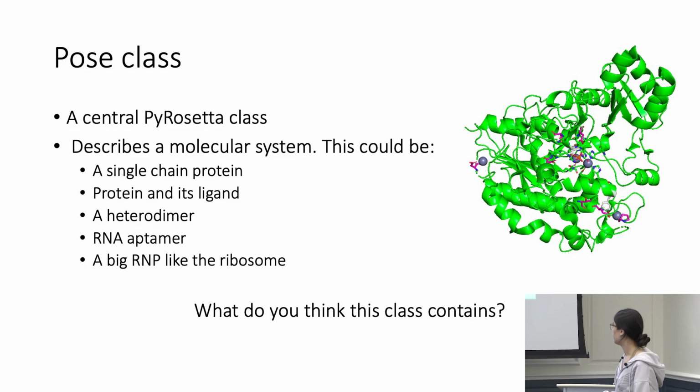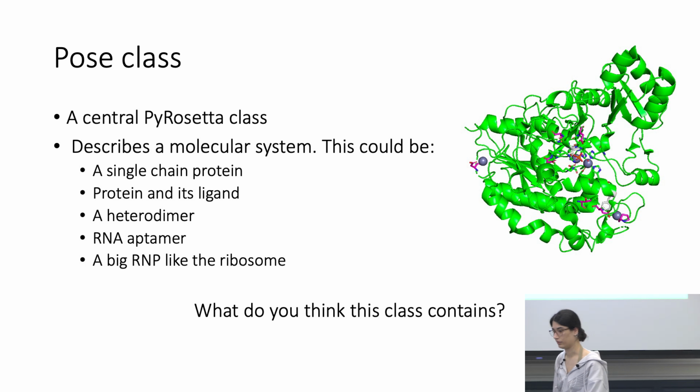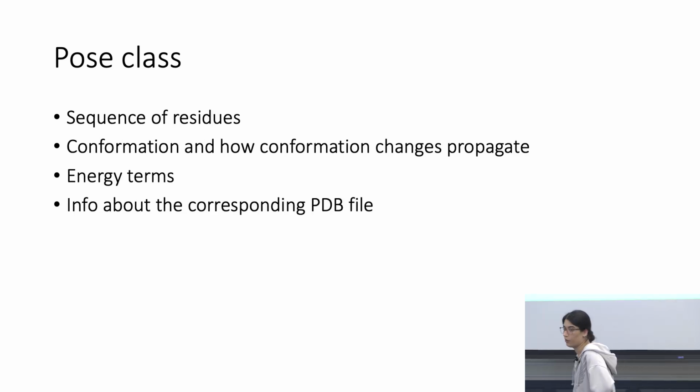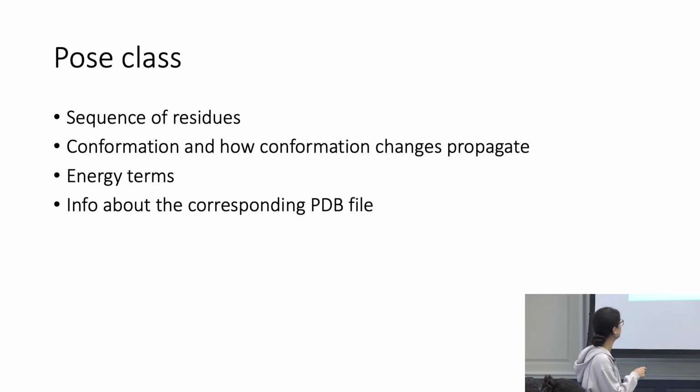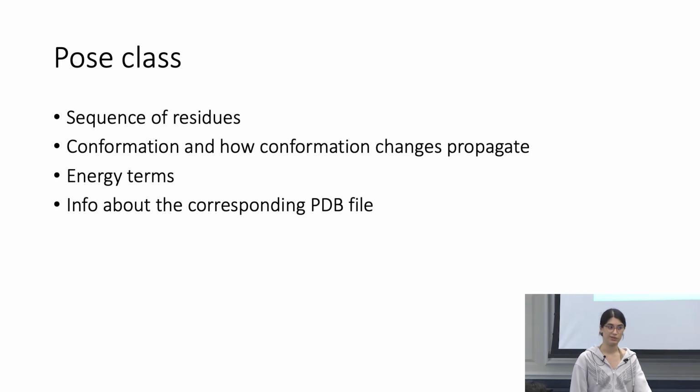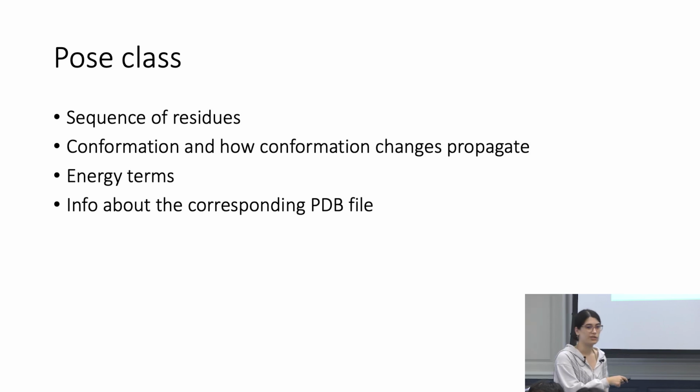We brainstormed about what the class might contain overall, but let's put it into more of the technical terms that we use. Given that we have the pose class representing, let's say, a protein, there's going to be a protein sequence, which contains the amino acid identities, going N to C terminal. We're going to have three-dimensional structure.